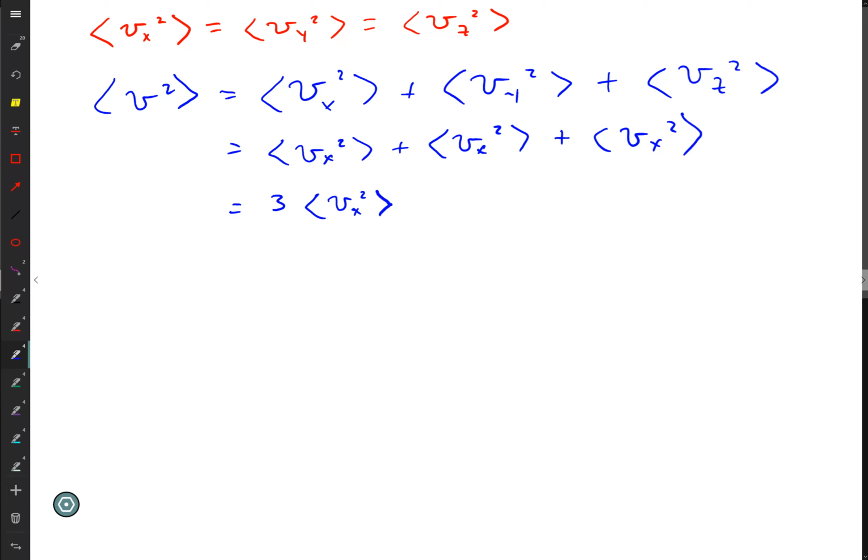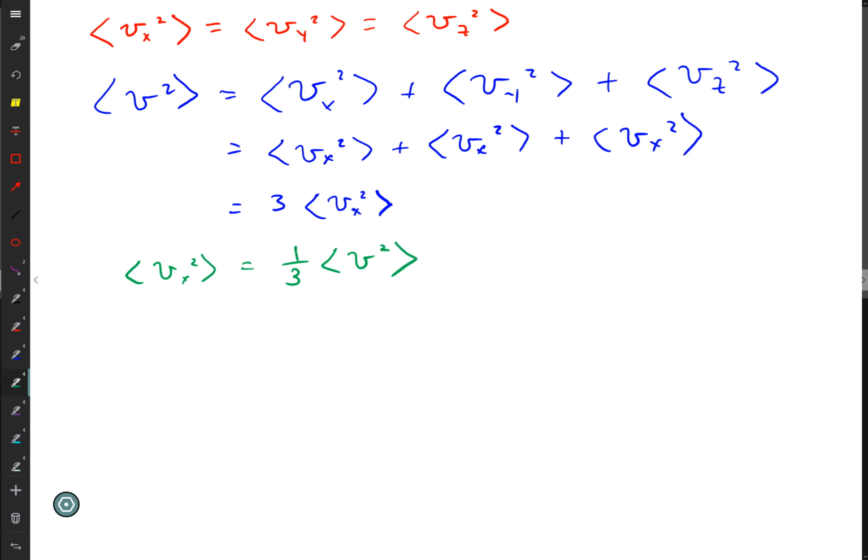Why did I do that? Because in real life, we're actually more interested in the speed of the molecule, not its x component of speed. And so now I can replace that: Vx squared average is equal to 1/3 of V squared average.